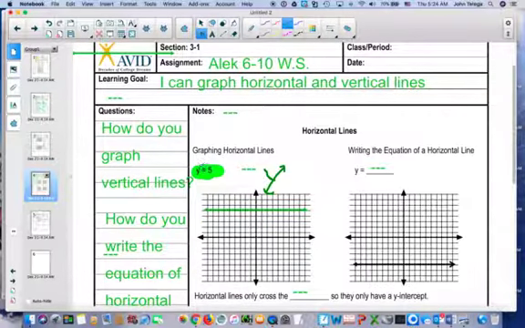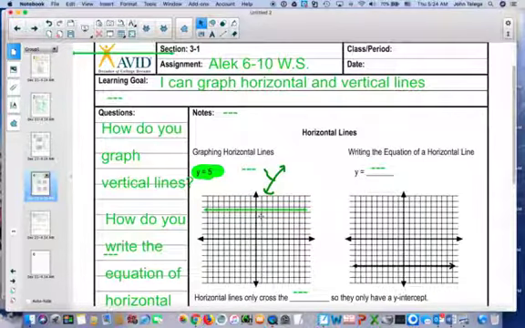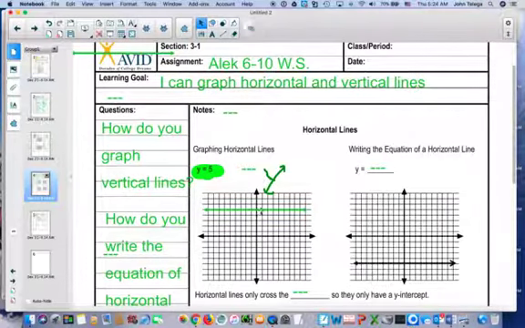And this point here tells me that our point crosses the y-axis at 5. So if I move my line, I count up 1, 2, 3, 4, 5. My arrow is crossing the y-axis at +5.